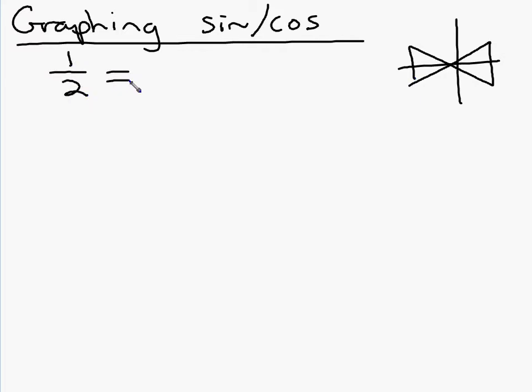What's the decimal value of 1/2? 0.5. Now on your calculator, one of the other values you saw show up a lot was radical 2/2. If you take the square root of 2 and divide it by 2, you get a decimal, and isn't it 0.707?